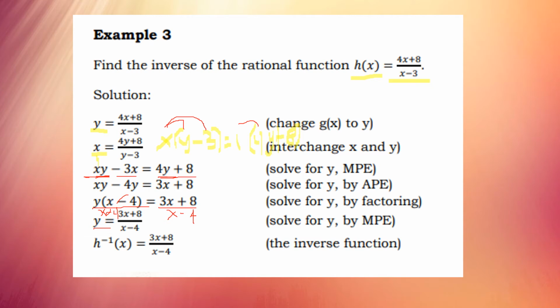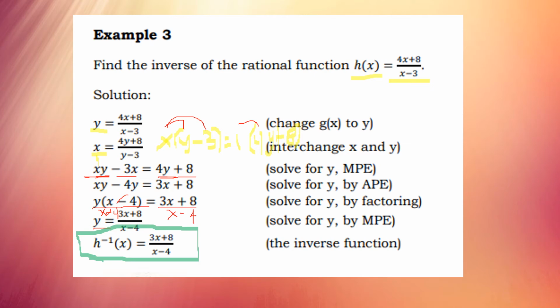Therefore, don't forget ang ating symbol or notation for inverse function is this one. h minus 1, h raised to negative 1 of x, so our inverse function of x equals 3x plus 8 over x minus 4. Okay, so that's it. Interchange x and y.